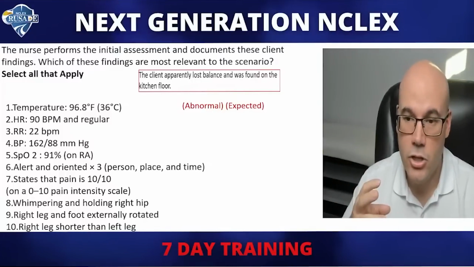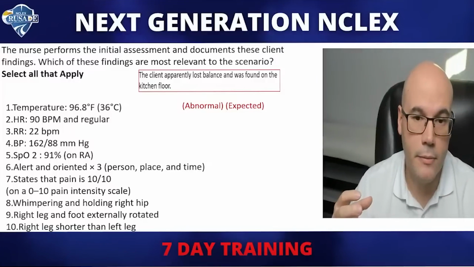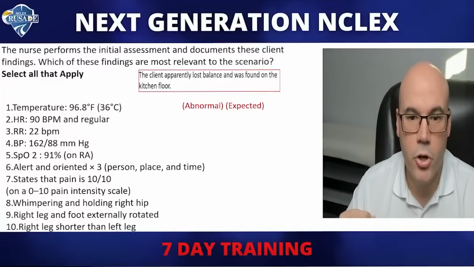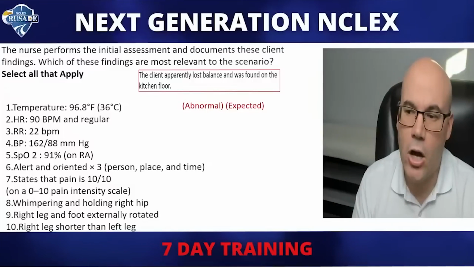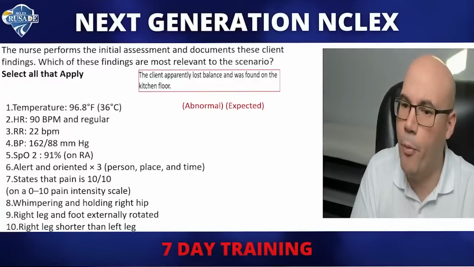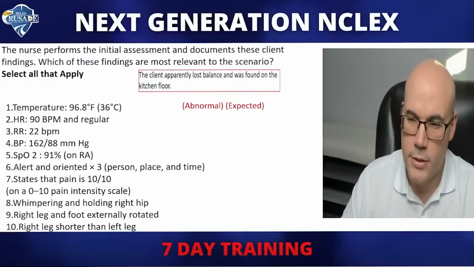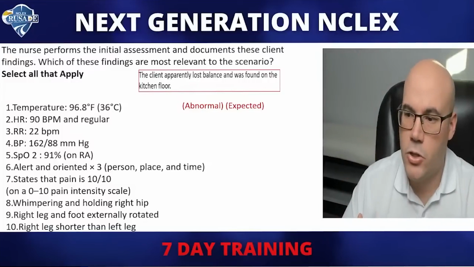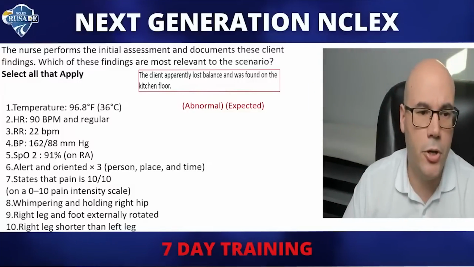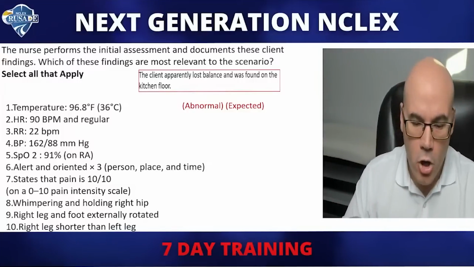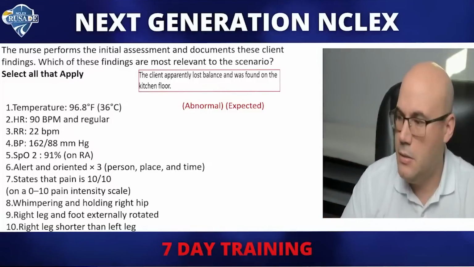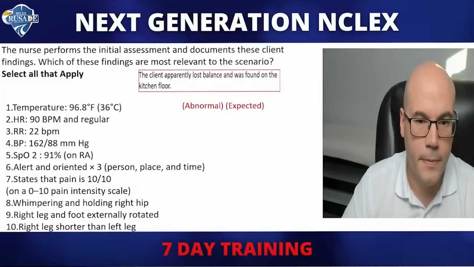Can we see shifts in the temperature? Yes. A lower temperature could be expected. Remember, the focus of the question wasn't hypothermia. The focus of the question was a fall. So yes, a lower temperature is abnormal, but looking at the totality of the circumstances, this is an expected finding.